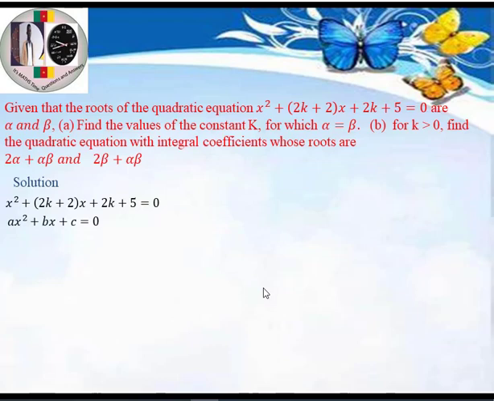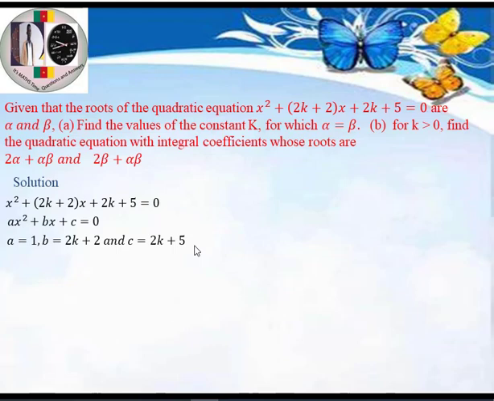So a is equal to 1 because the coefficient of x squared is 1. b is equal to 2k plus 2 because the coefficient of x is 2k plus 2, and the constant, the term without x, is 2k plus 5, which is c.